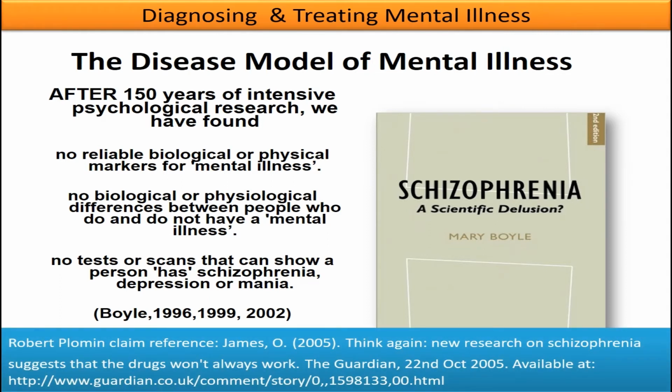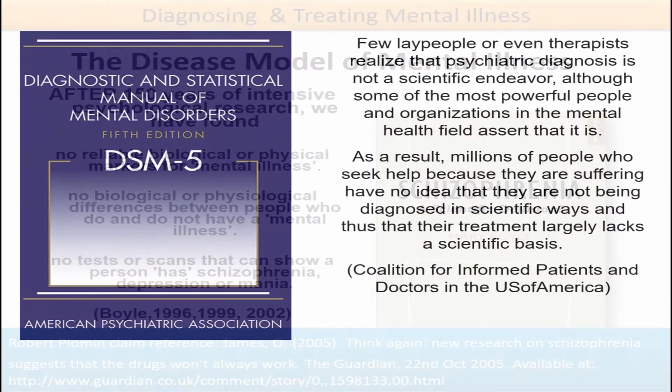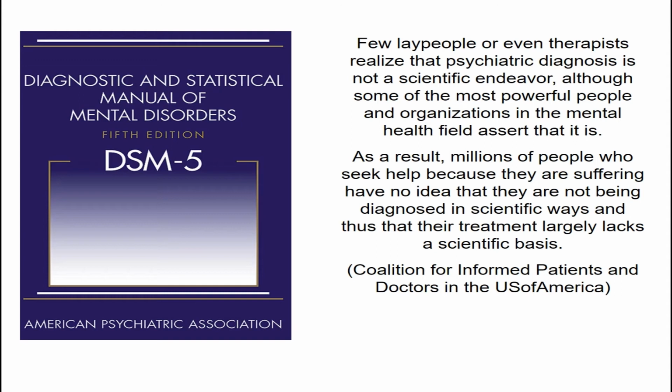Okay. Now, let's turn to the 5th version of the Diagnostic and Statistical Manual, published in 2013. This is one of the key tools used to diagnose mental illness, and you become familiar with this as you go through your training in psychology. Now, next to it is a quote from the Coalition for Informed Patients and Doctors in the US of America.